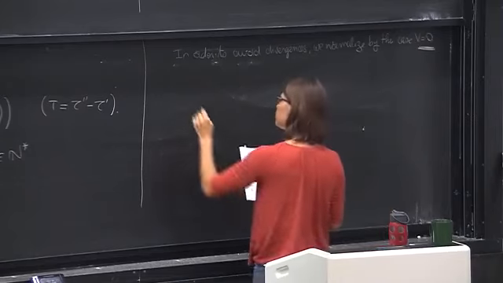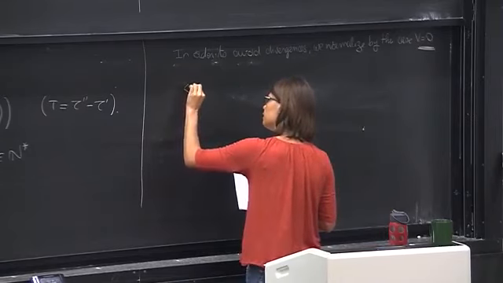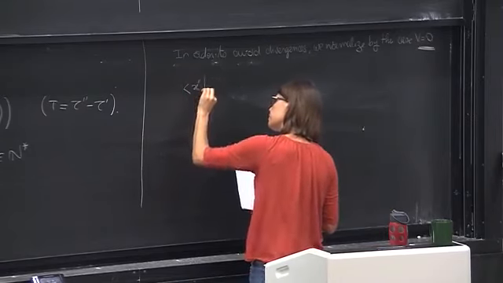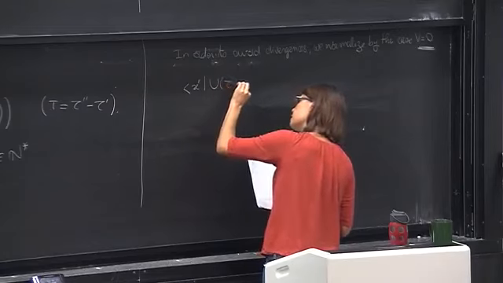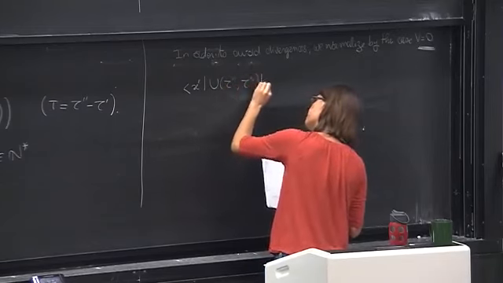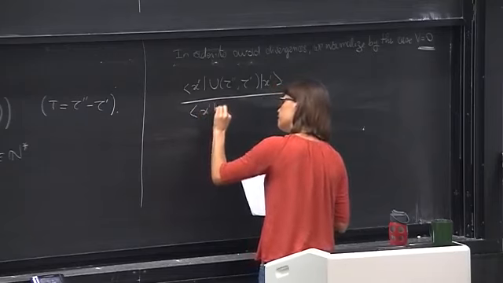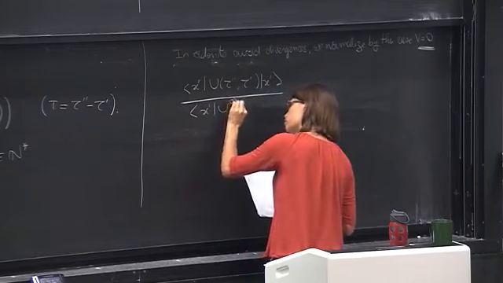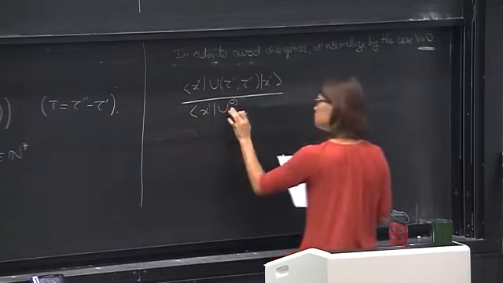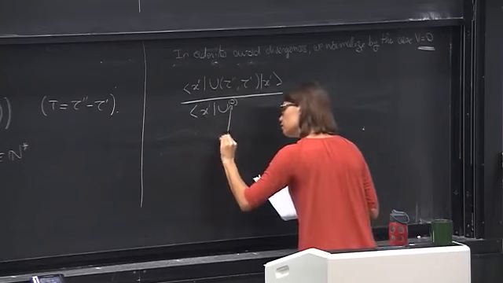So this means that here we're going to look at this object divided by the propagator for the free particle. So I use this notation. The 0 means V equals 0.